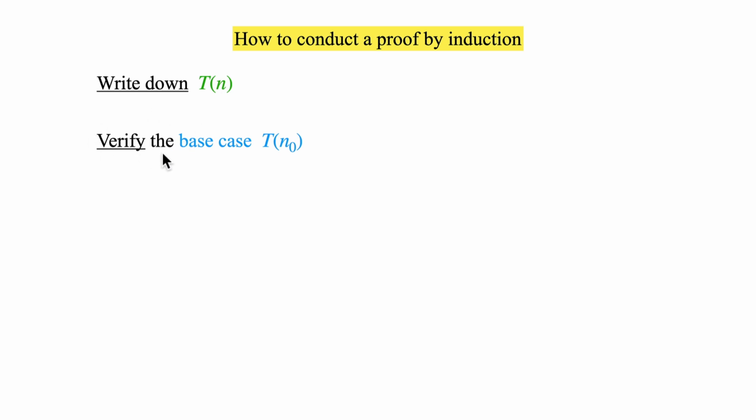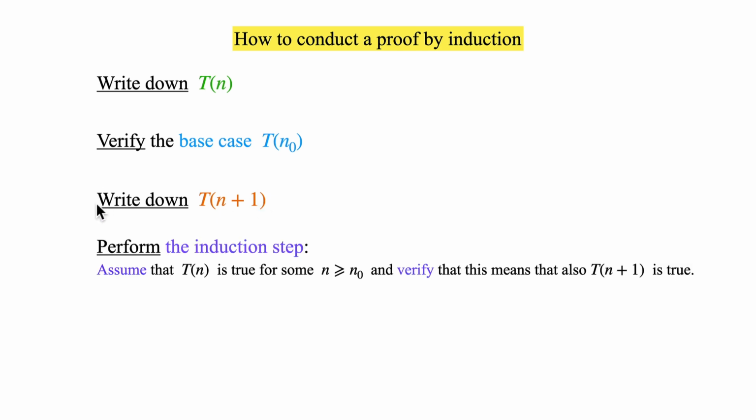Then verify by direct computation the base case. Often it will be t of 0, but sometimes it will be some later natural number. Then write down the thesis for the next number, so n plus 1. And then perform the induction step. And how do we do this?